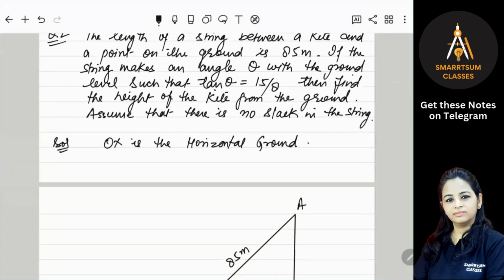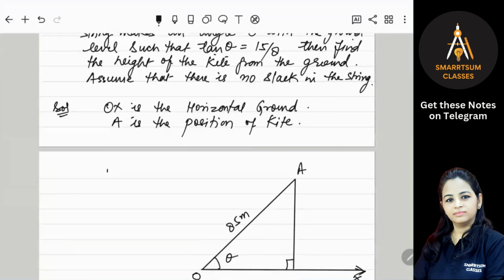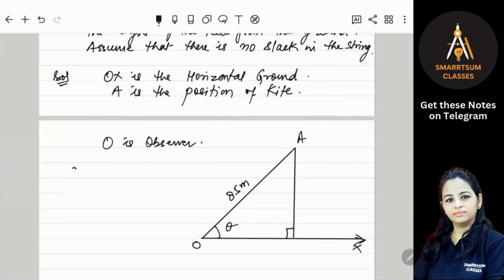A is the position of the kite, and O is the position of the observer, right? So OA, the length of the string, is given here, 85 meters, right? AB is the perpendicular distance over OX, right?